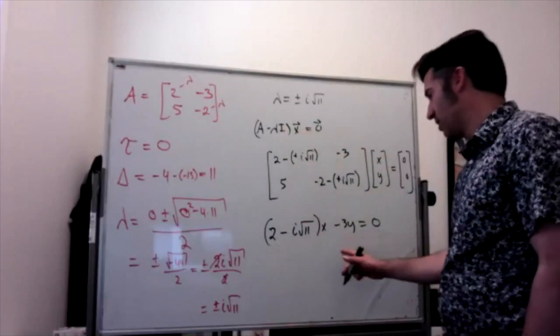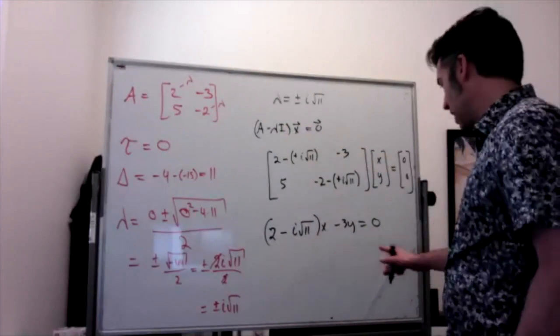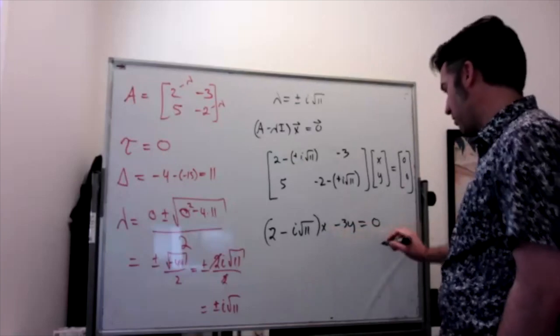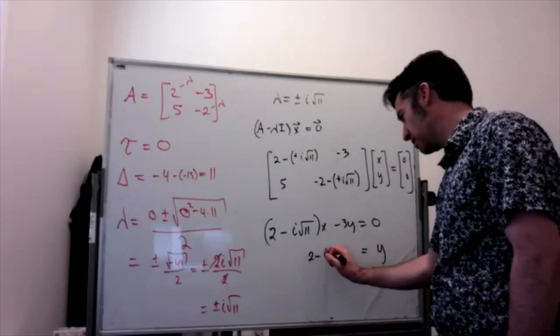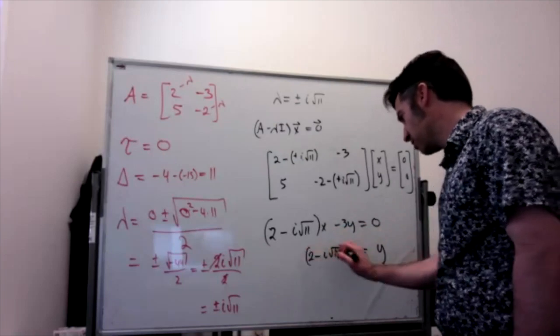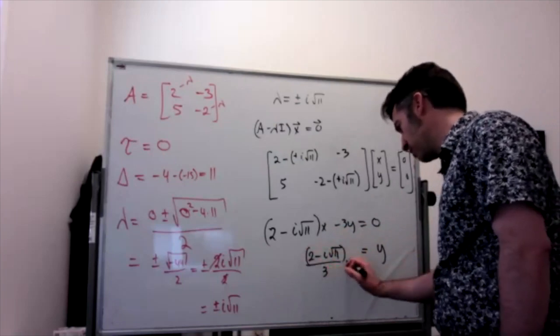I'm going to get, let's just cut to the chase, I'm going to add 3y over here, and then I'm going to divide by 3. So y is going to equal (2 minus i root 11) divided by 3 times x.